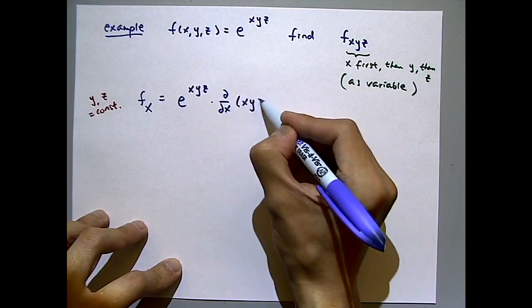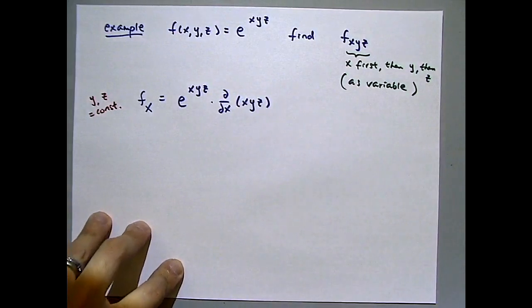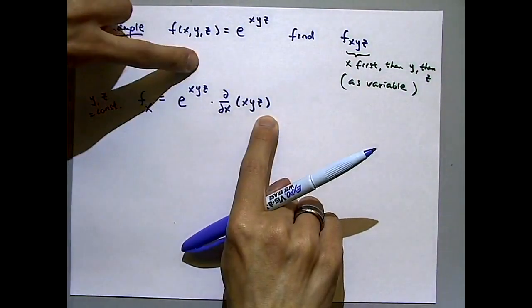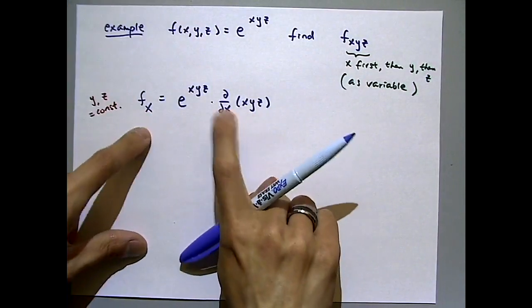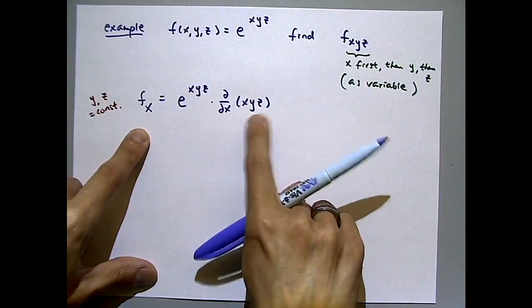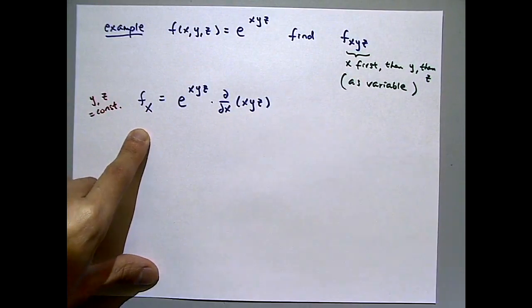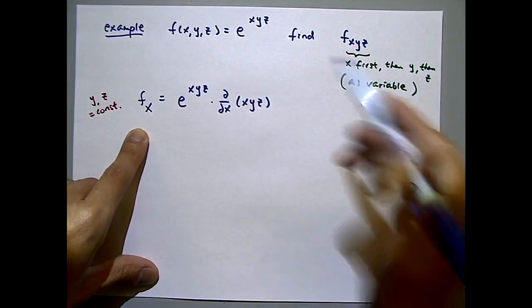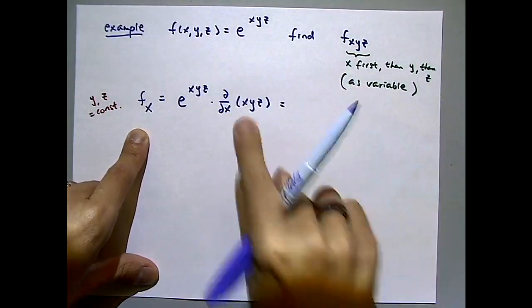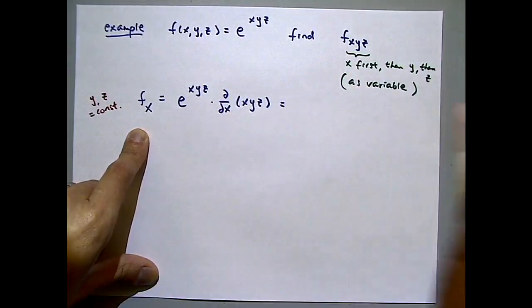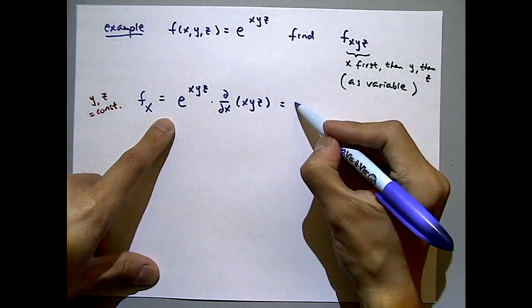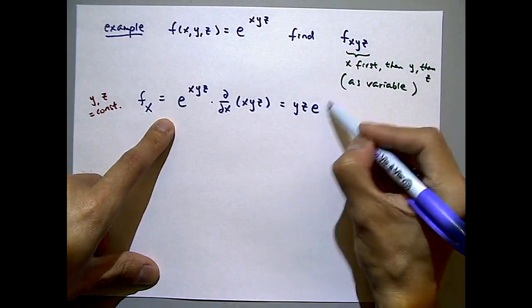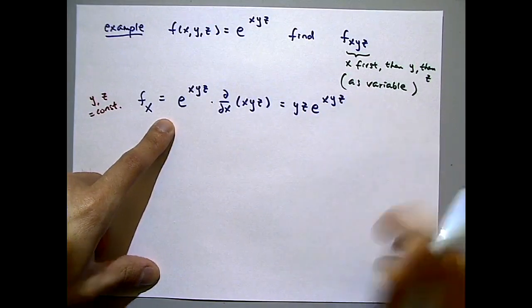We use the chain rule. So we get that because it's exponential, then the derivative of the power with respect to x. If y and z are constant, this is yz times x. Derivative of that is yz. So the derivative of a constant times x is the constant. So yz e to the xyz.